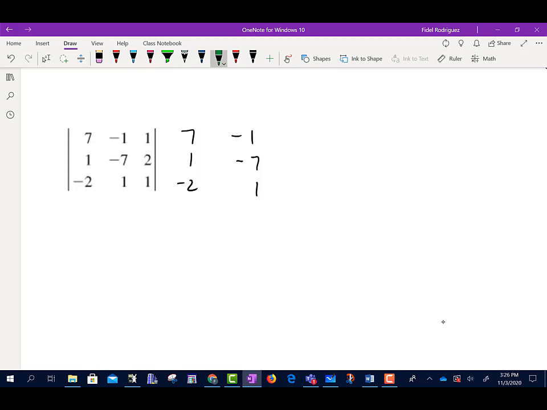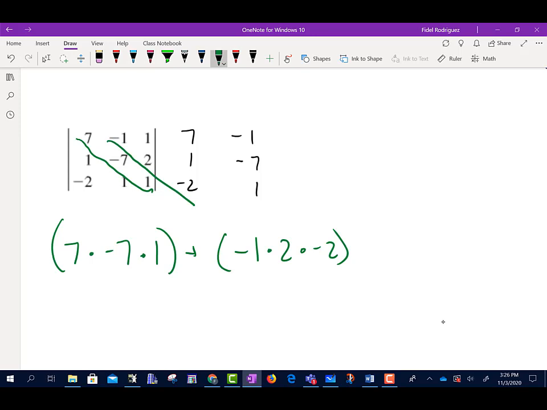Okay, so let's go along the first diagonal. These here. So I'm going to take 7 times negative 7 times 1, okay, plus, I'm going to go negative 1 times 2 times negative 2, plus 1 times 1 times 1, okay, minus, now I'm going to start going these diagonals.